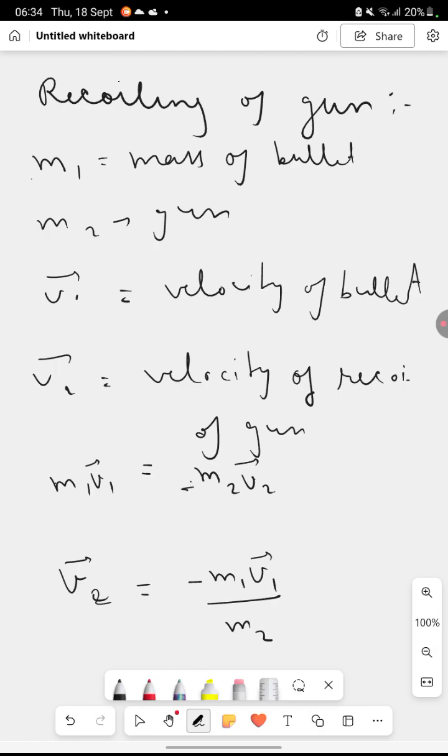So this is the velocity with which the gun will move backward when the bullet goes forward with a greater speed. That time the velocity of the gun will be minus m1 v1 upon m2.